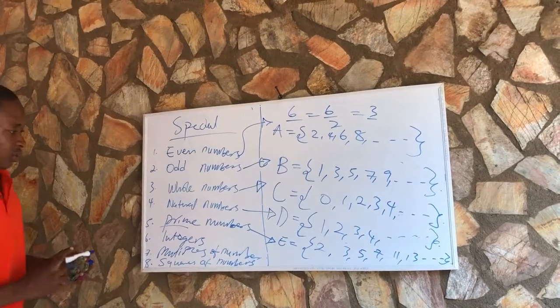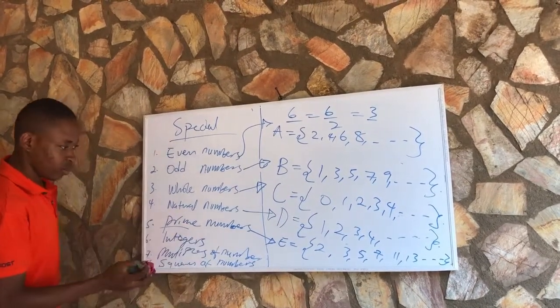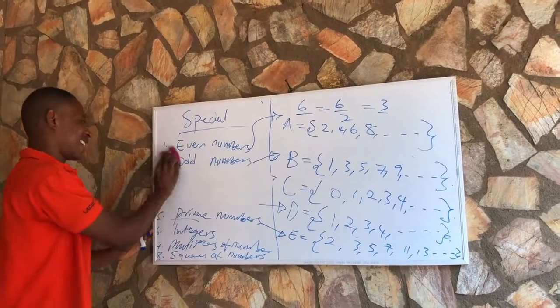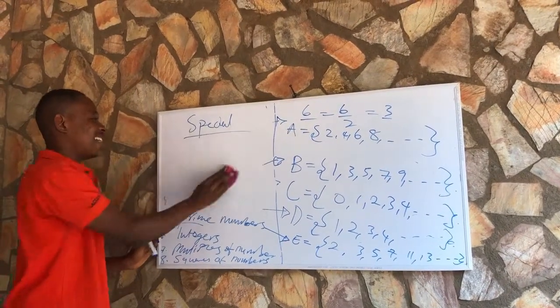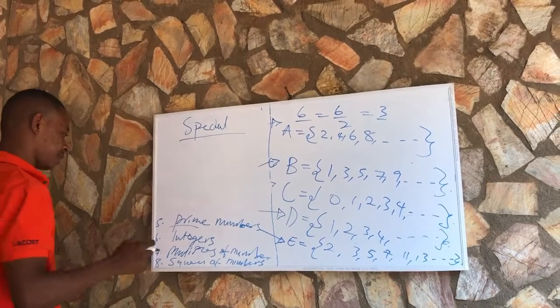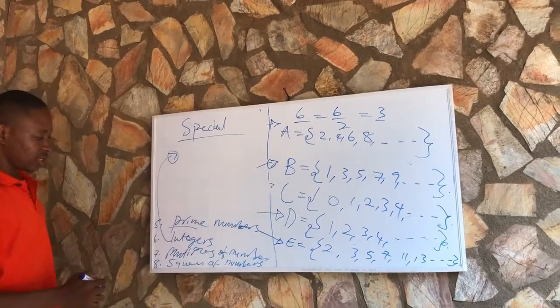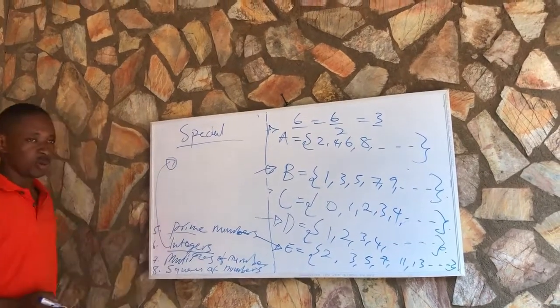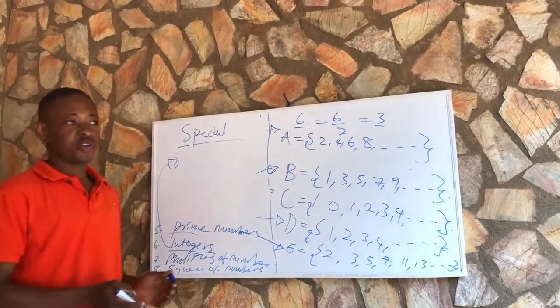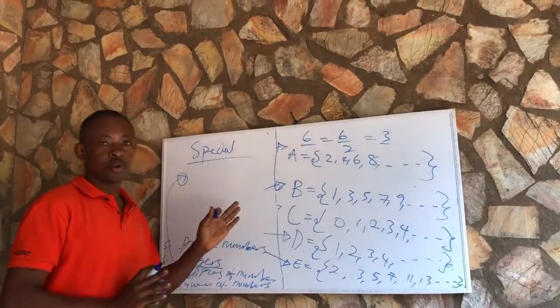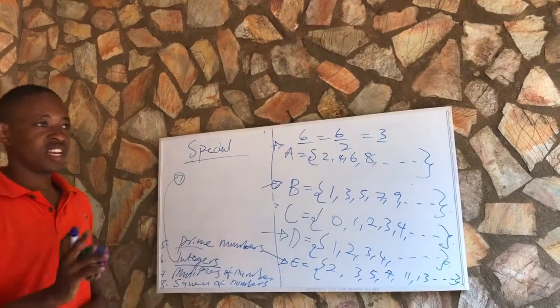Okay, so I've utilized this part of the board, so I want to clean here and talk about integers. So we are looking at integers. When we talk of integers, integers refer to the collection of both positive and negative numbers.